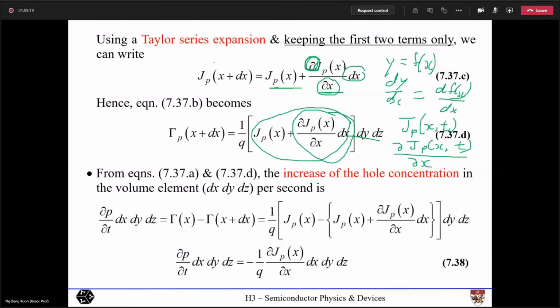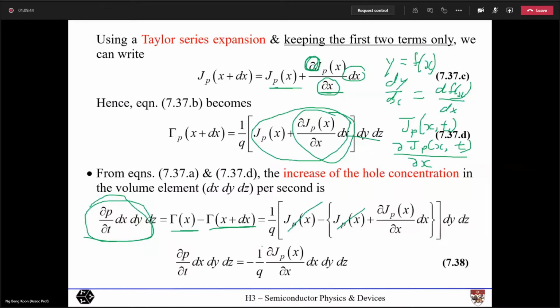So this expression here is basically to describe that. There's a difference between the gamma on the left and the gamma on the right. And if you put in the respective expressions with the Taylor series expansion, then obviously you can see that this term here would cancel out.